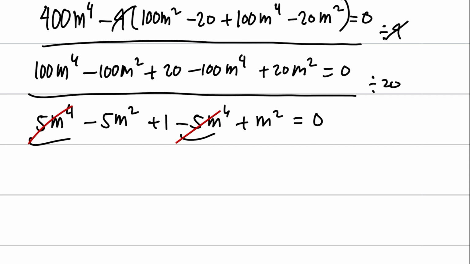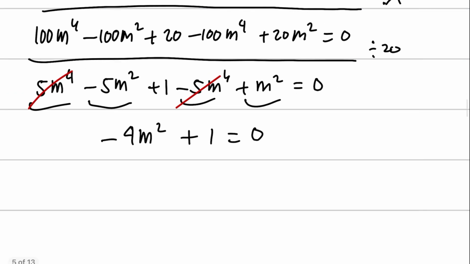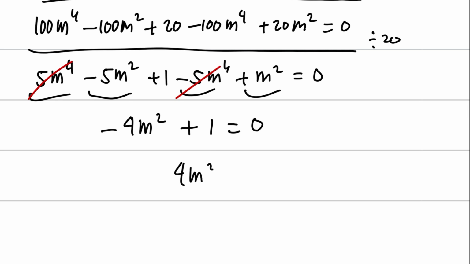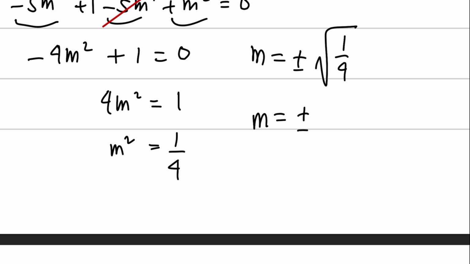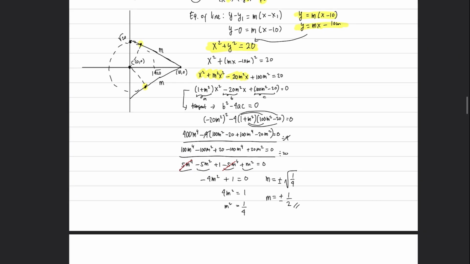So we only have minus 5m squared and m squared becomes minus 4m squared plus 1 equals 0. So we will get 4m squared equals 1. So m squared equals 1 over 4, which gives us m equals plus minus square root of 1 over 4, which is m equals plus minus square root of half. So this is the answer.